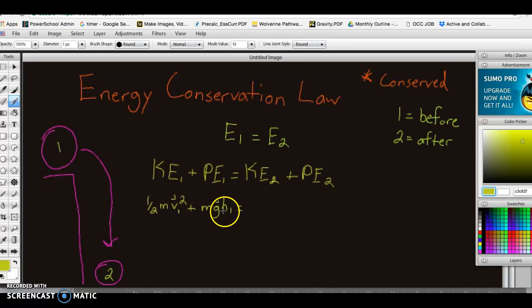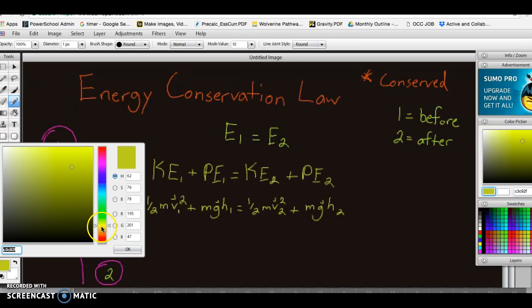And this height represents the height before, which is 1. The same thing I'm going to write here, except I'm going to replace all the ones with 2. So it's going to be 1/2 mv2 squared, the velocity after, plus mgh2, the height after.